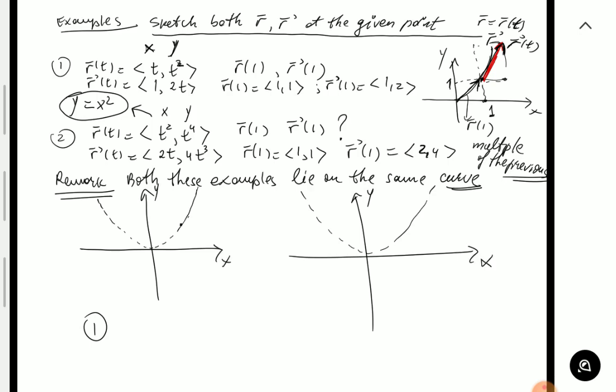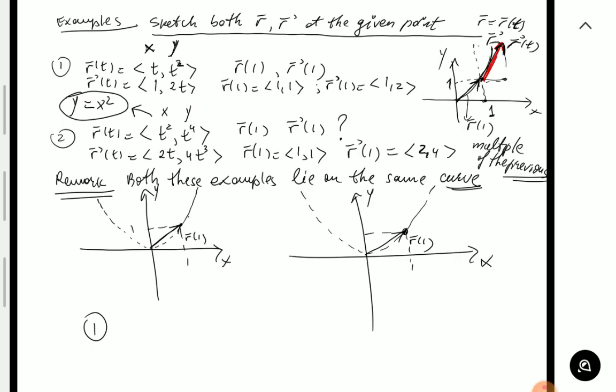Position vector is the same for all of them. Okay, this is 1, 1, 1, 1. So in both cases, this is r of 1, and this is r of 1 as well. So what's the difference? Well, the tangent vector is different, right?